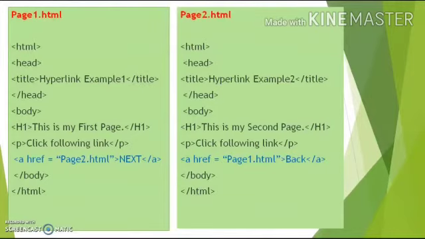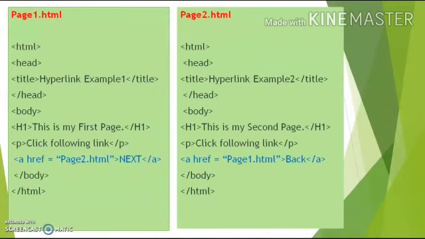For that, in page 1, we are going to write a space href is equal to page2.html, next, a tag close. Here, href is equal to page2.html because we want to jump on page 2. That's why address is page2.html. And then next, because we want link on next text.